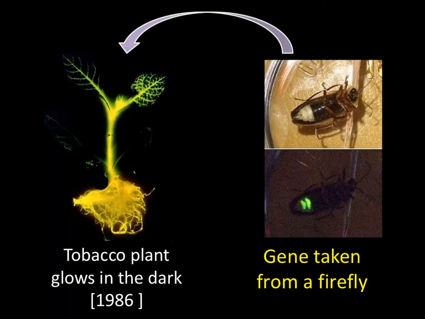If I have to speak about examples of genetic engineering, we might have seen a tobacco plant which is glowing, and that glowing tobacco plant is a result of genetic engineering technology in which a gene was isolated from firefly and introduced inside the tobacco plant and made it glow.